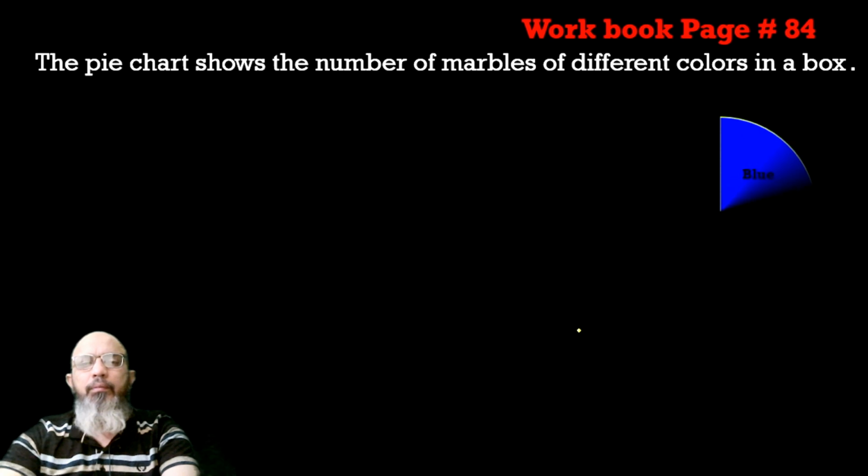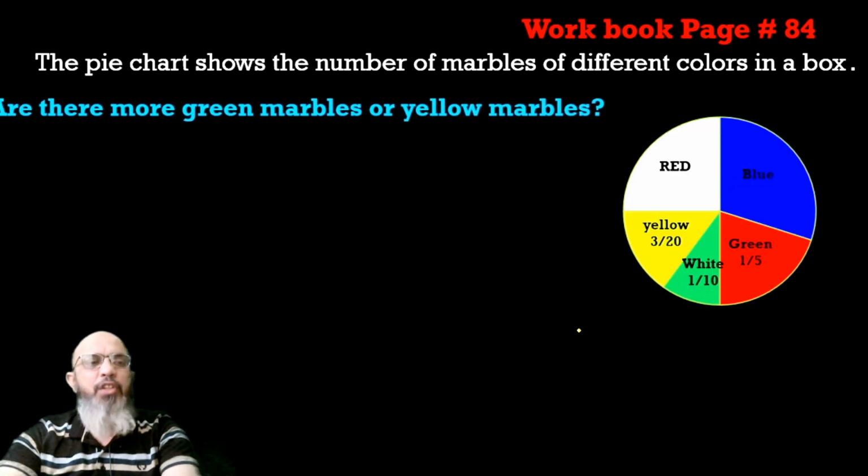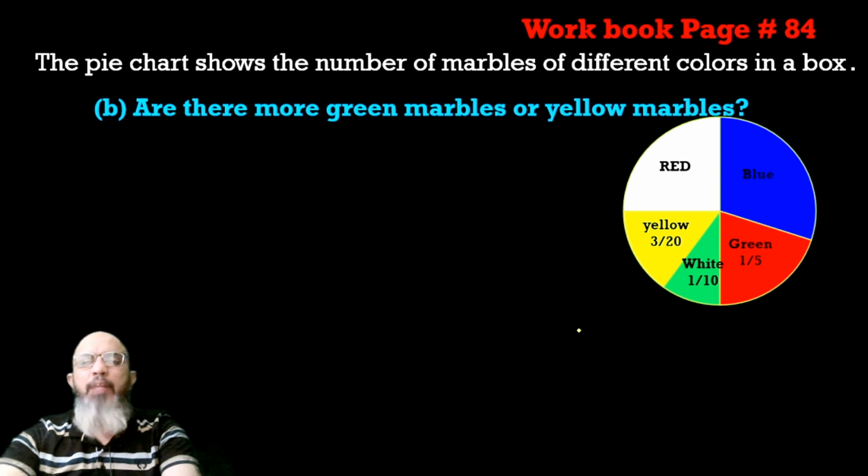So this is your answer, 7/20. What comes the next question? Next question is, in the same pie chart, are there more green marbles or yellow marbles? Green marbles are 1/5, and yellow marbles are 3/20. So we have to look at which has the greater value.